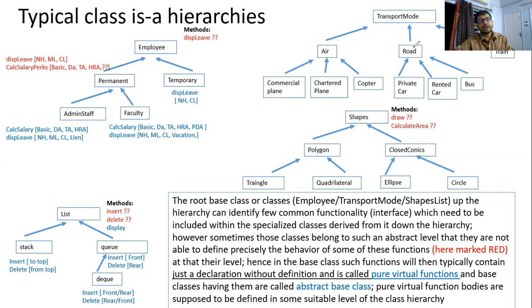So we have been able to create an instance of base class and also of derived class. But here, in contrast, some base classes may not have a complete definition of their functions, and because of that they are abstract. We call it abstract base class, and they cannot have an object instance.